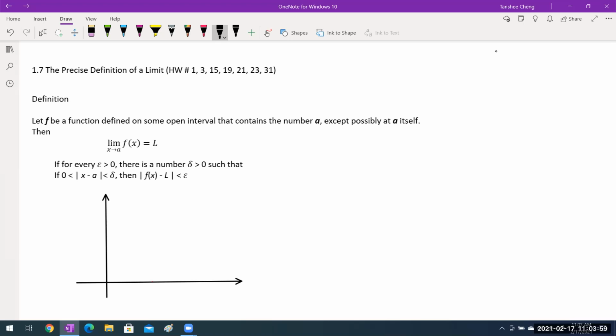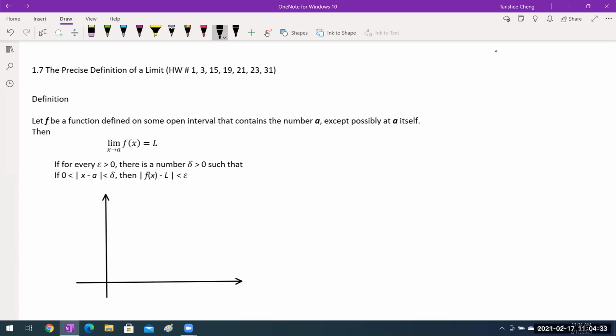In 1.6, we use the limit laws to compute limits of a function, and I informally proved a few of those limit laws to you by a graphical approach. So in this section, we're going to use a precise definition of a limit to prove the limit of functions.